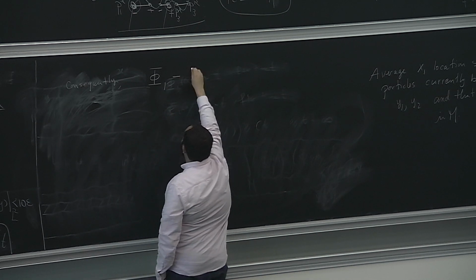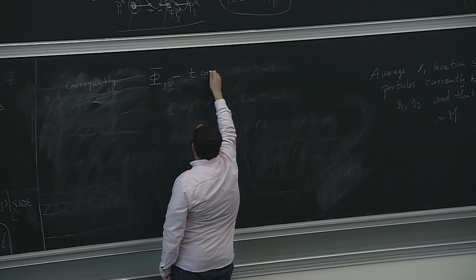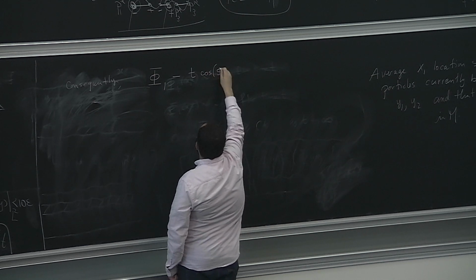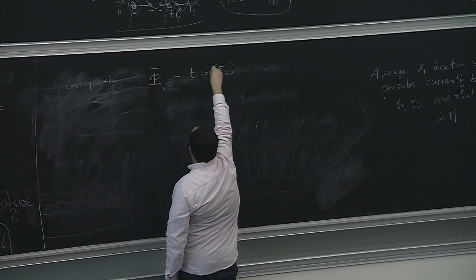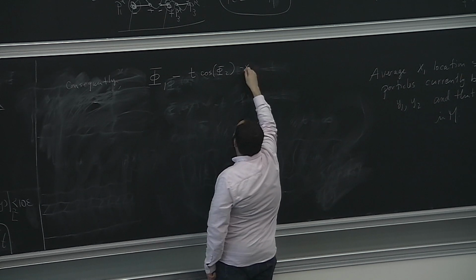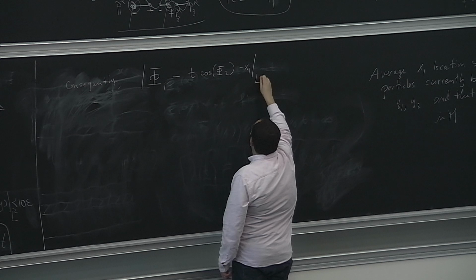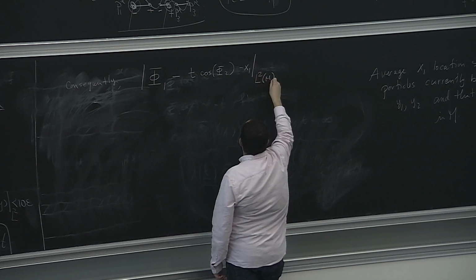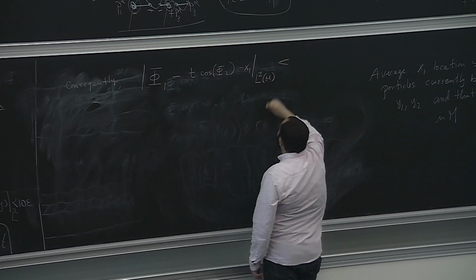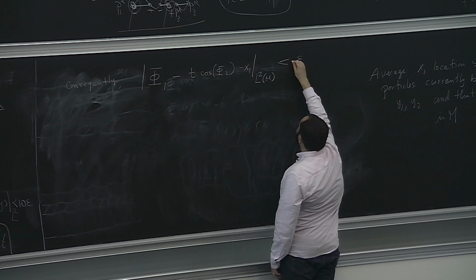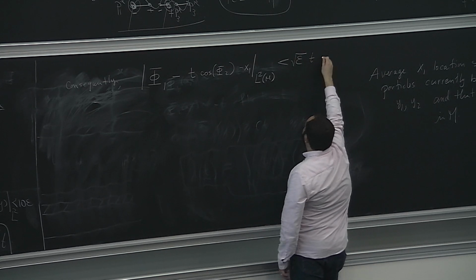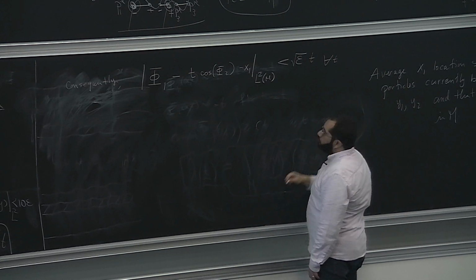So phi 1 minus t cosine of phi 2. So this is the shear, minus x1 in L2 is less than epsilon, square root of epsilon t for all t. Okay?